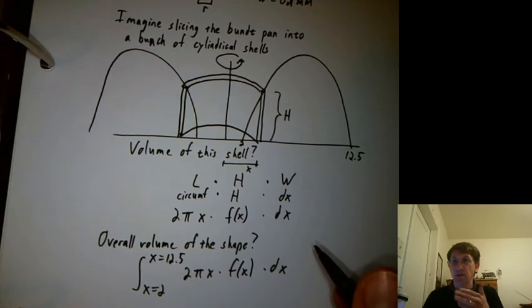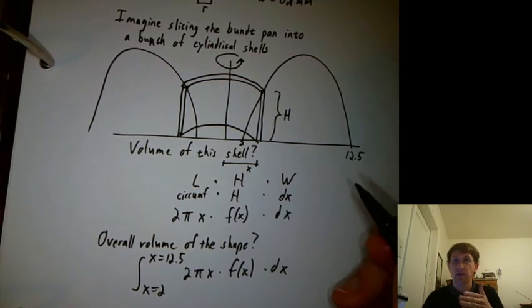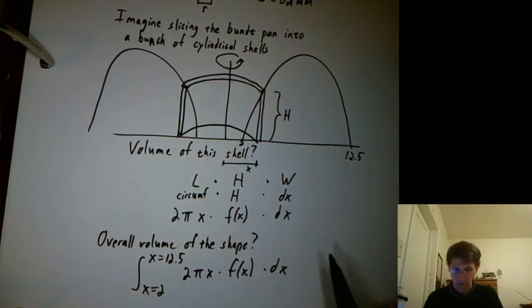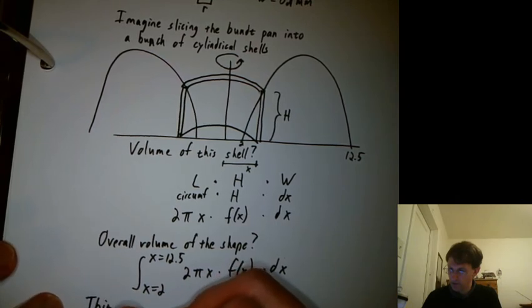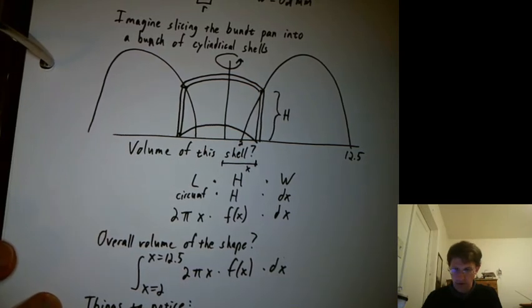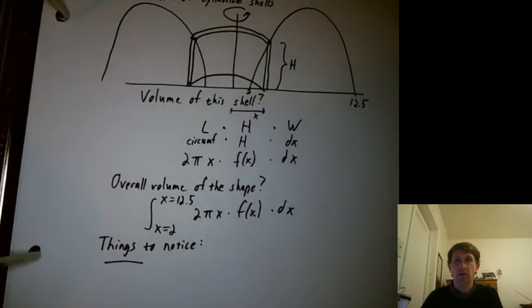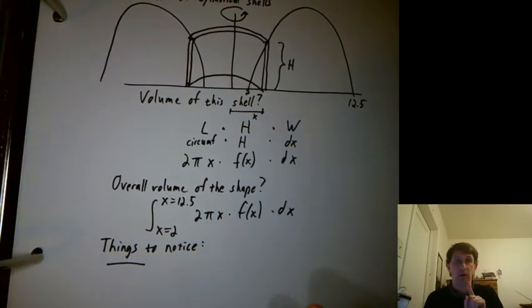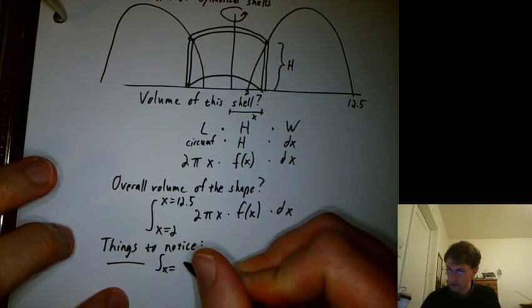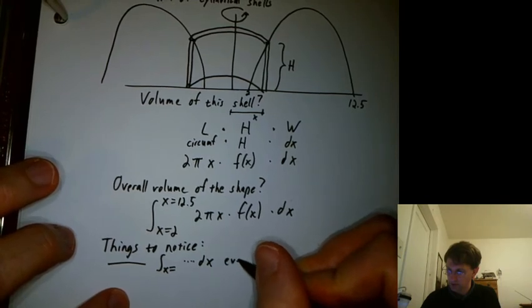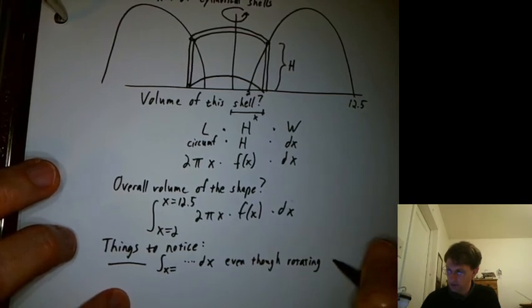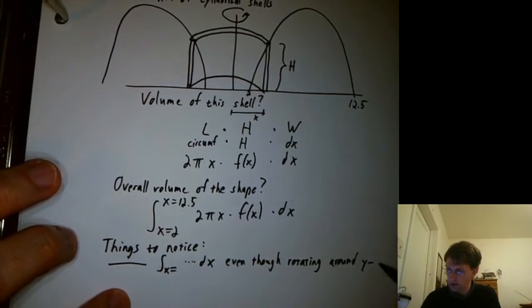So that's the volume by shells formula for this particular case, where we're rotating around the y-axis, but we're given f of x instead of f of y. So the things to notice: we're doing the integral with respect to x, even though we're rotating around the y-axis, which is what we did not do with discs or washers. So we're doing the integral x equals blah blah blah dx, even though we're rotating around the y-axis.